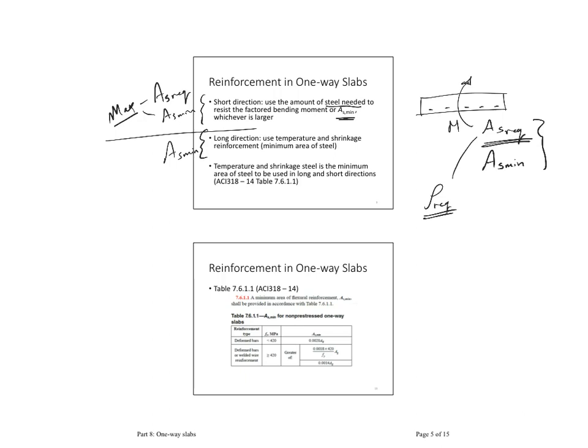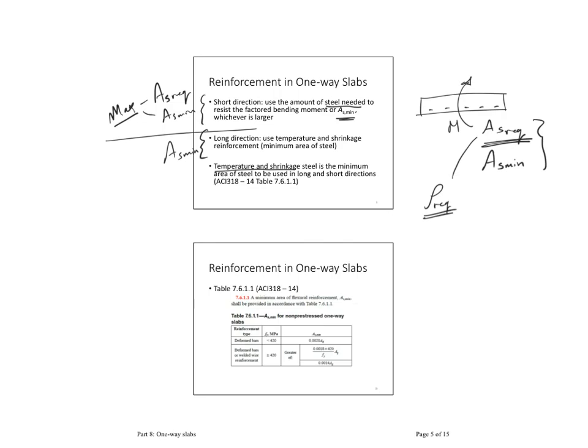It comes from the temperature and shrinkage requirements. What normally happens in slabs, because they're long, big surfaces, is that they end up cracking because of temperature changes, heat of hydration, and shrinkage during the early age of the concrete.